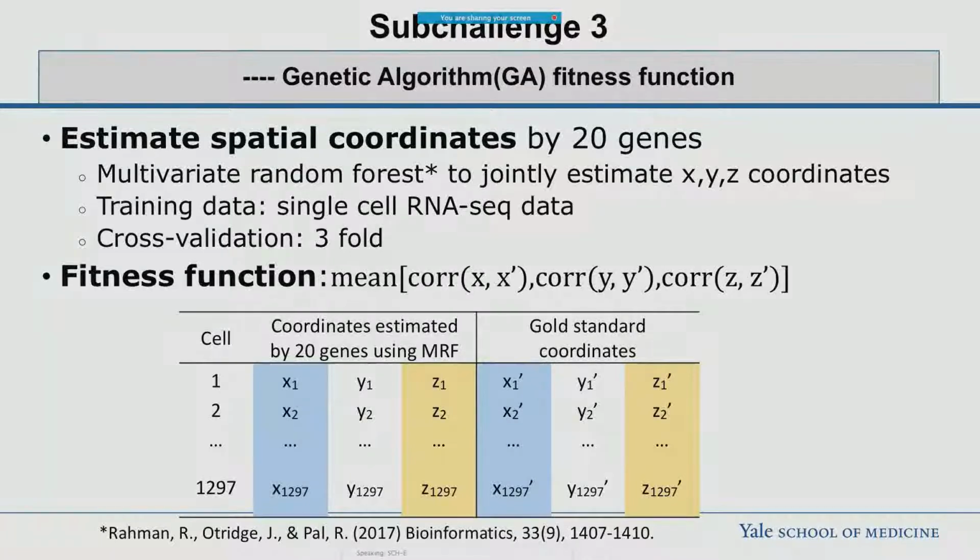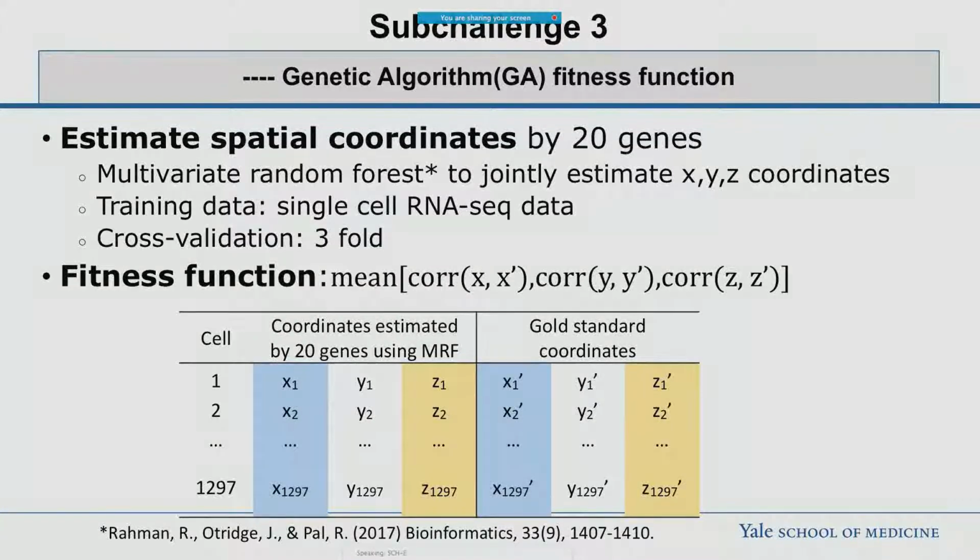We use this on the training data set of single-cell RNA-seq data, and we use cross-validation to avoid overfitting. The fitness function is defined after we get the estimated XYZ coordinates using MRF. For each cell, we have XYZ estimated by MRF, and we also have the gold standard coordinates provided by the DREAM organizer.